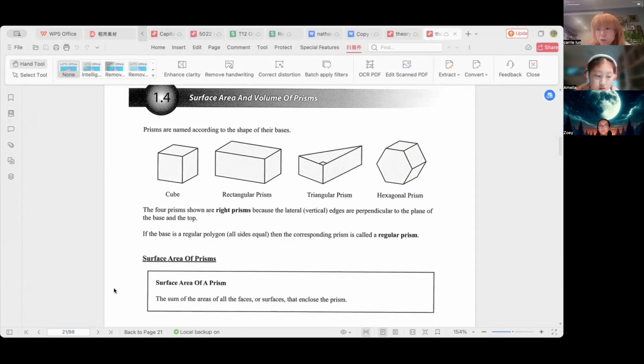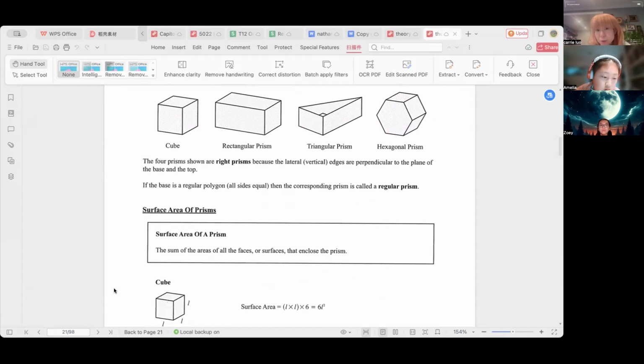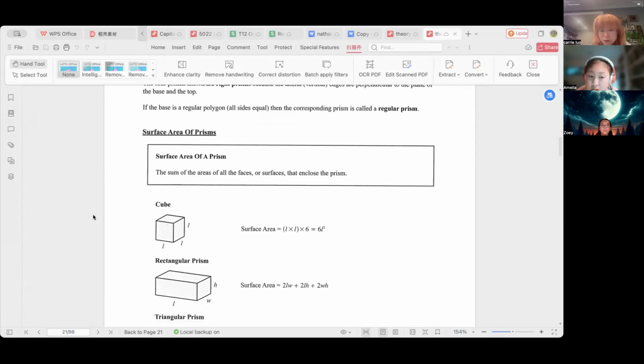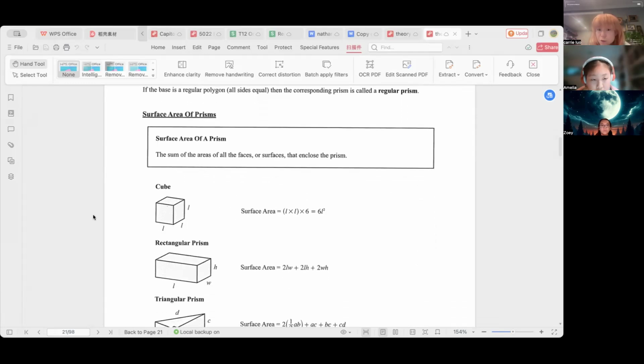So when we're talking about the surface area, it's about like if you want to paint this prism. If you want to paint this prism, how much paint do you need? For instance, let's take a look at this cube. So Zoe, what is a cube? The cube means the 3D shape basically made of squares. How many squares are there? 6. 6.